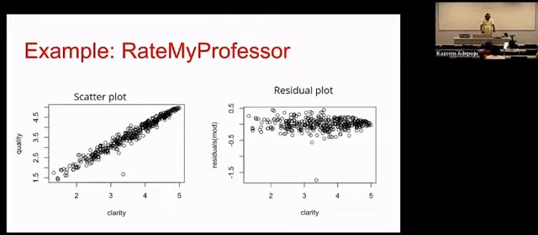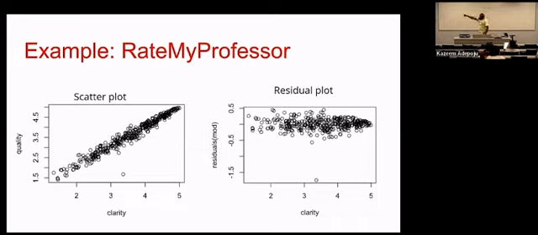Take a look at these two variables. When you look at the relationship between the quality and the clarity of a professor, we want to see, if I know the clarity of a professor, can I predict the quality? When I say quality, what do I mean? The quality of teaching. Does that make sense now?